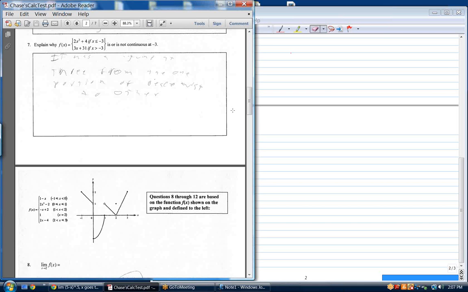And one is equal to 22 and the other is equal to 22. So regardless of what it looks like to the left, I mean that's continuous except at that point. So as long as they're equal to one another at -3, to me that proves continuity. Okay.